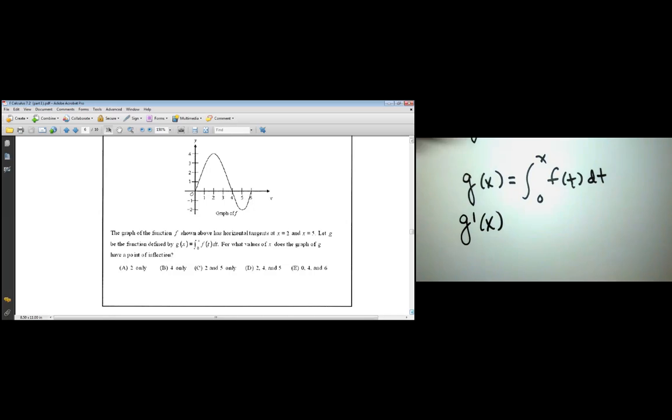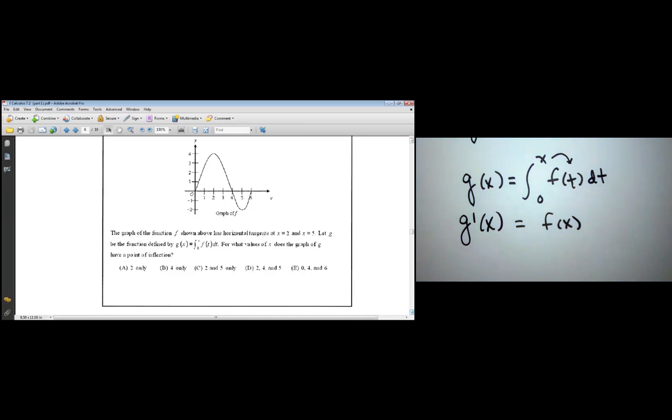g prime of x is equal to what happens when I take the derivative of an integral. It wipes out, and you plug the x bound in. Seems minor, it kind of is.